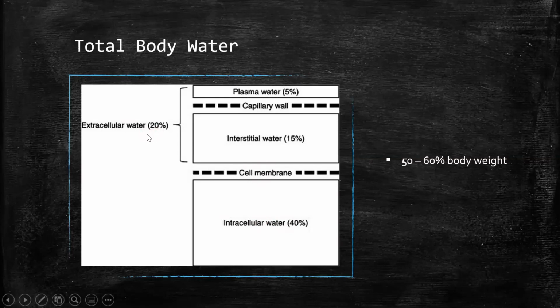And then this extracellular space is further subdivided into two components: the plasma space here, which is often the space clinically we're most interested in. That contains about 25% of the extracellular water. And then the interstitial space, the space between the capillary and the cell, contains about 75% of the extracellular water.